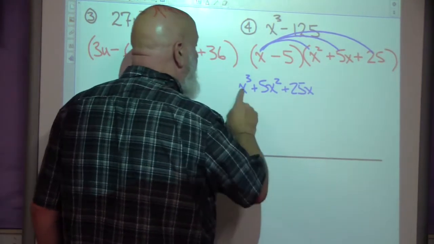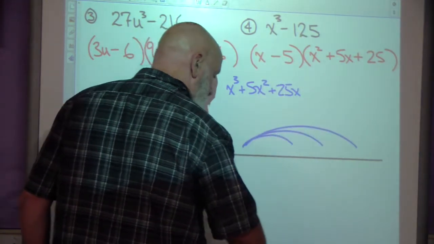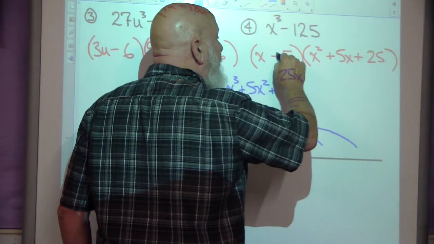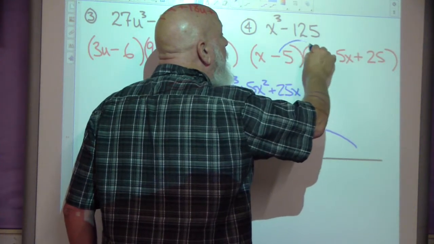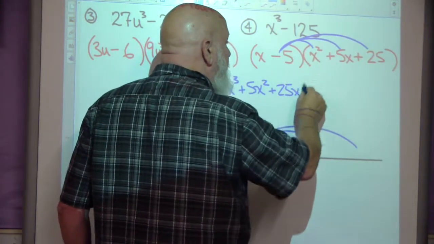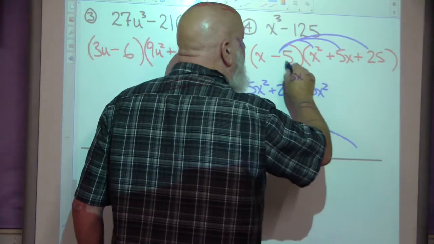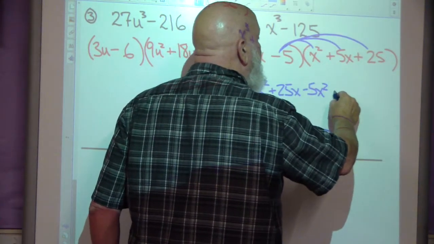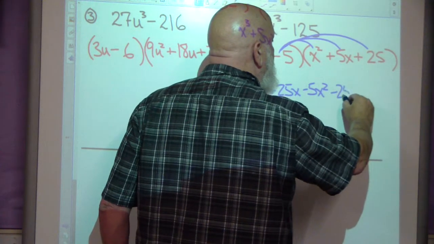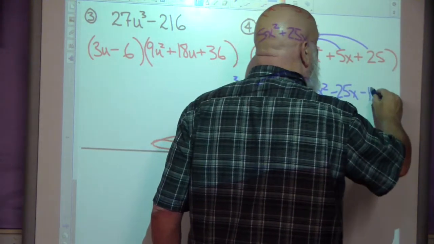And then I'm going to take that negative 5 and distribute it. Negative 5 times x squared is negative 5x squared. Negative 5 times positive 5x is negative 25x. And negative 5 times 25 is negative 125.